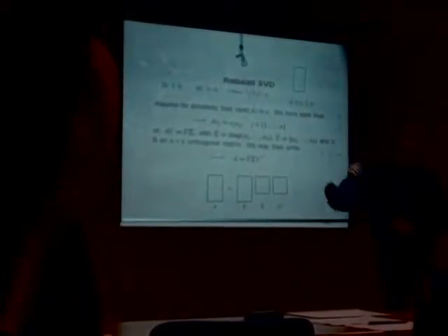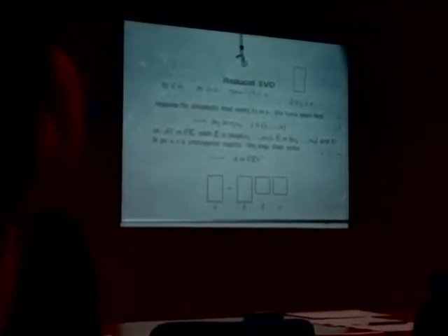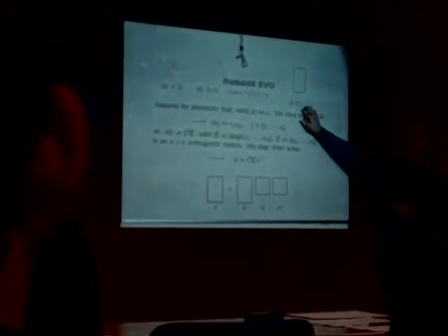We look for all solutions to this equation. But let's keep that aside. Let's see a bit later the connection to that eigenvalue problem. Here we have a rectangular matrix. So this equation doesn't make sense.